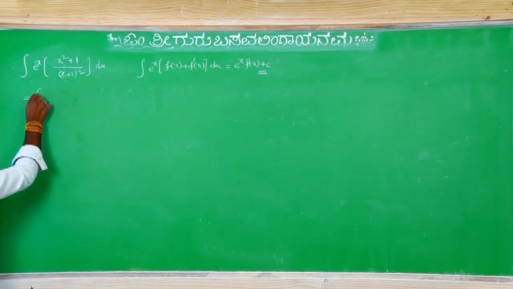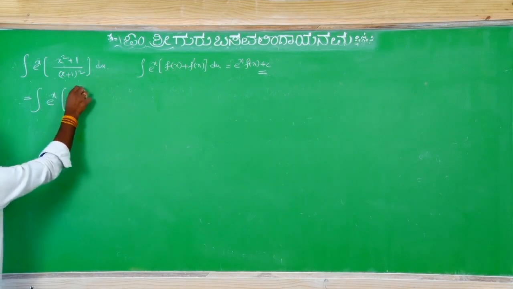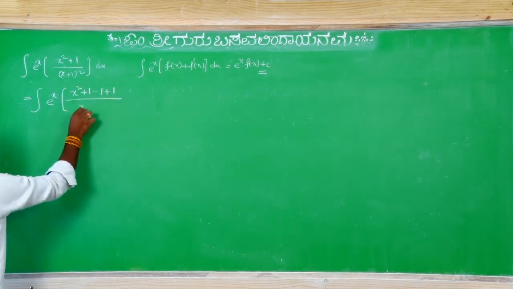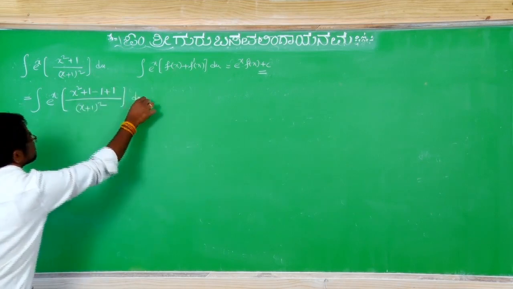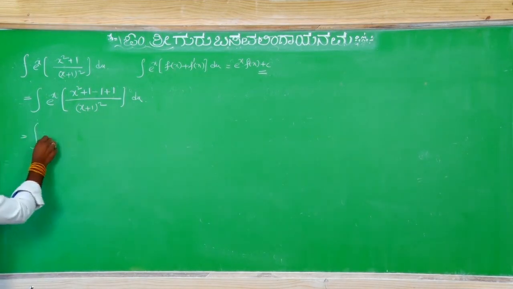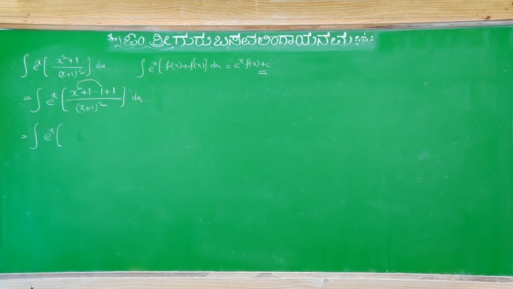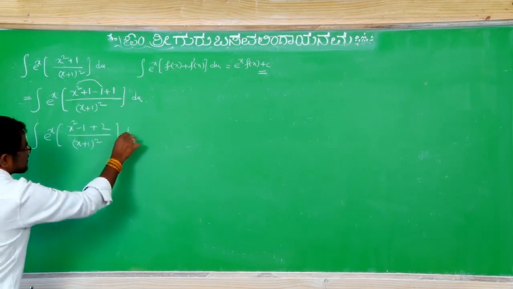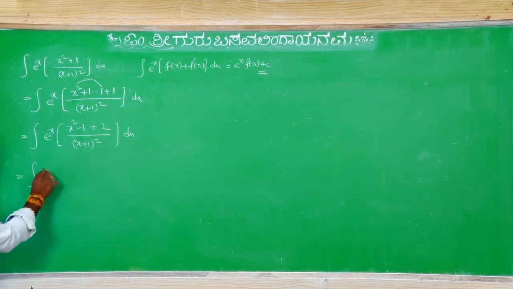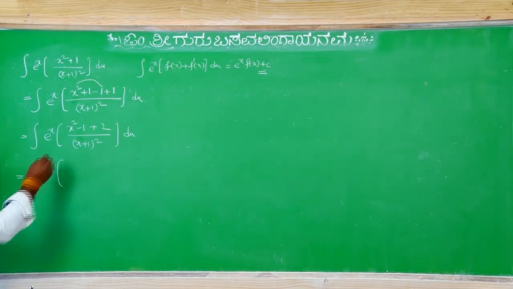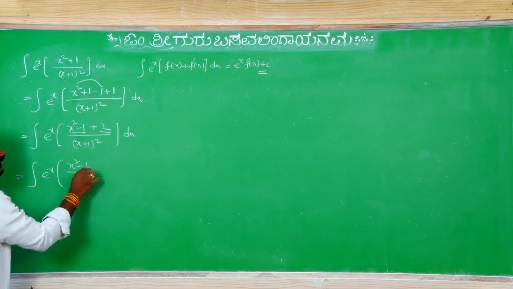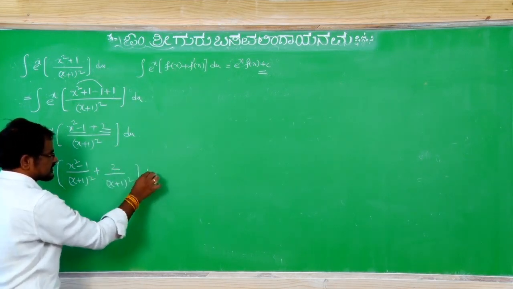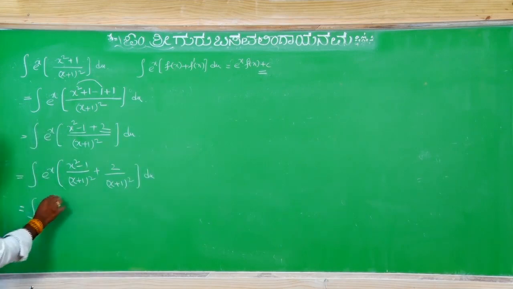So how to write, that is equal to integration of e power x into (x square plus 1, adding minus 1 and subtracting minus 1, plus 1) divided by (x plus 1) whole square into dx, that is equal to integration of e power x into, take these two at one place, (x square minus 1 plus 2) by (x plus 1) whole square into dx, that is equal to integration of e power x into, so this one term and this is second term, so (x square minus 1) by (x plus 1) whole square plus 2 by (x plus 1) whole square into dx.